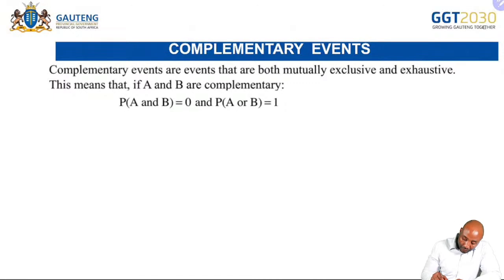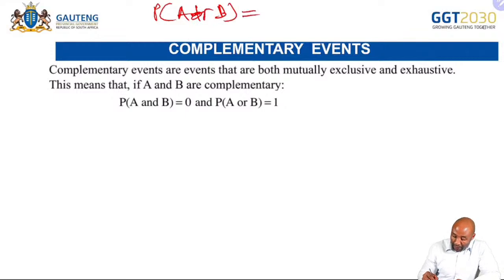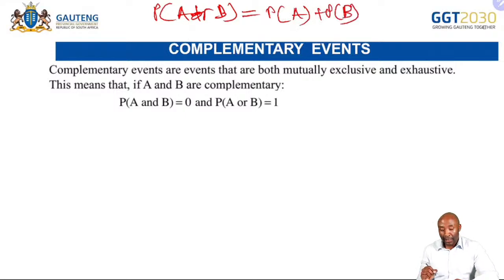So the probability of A or B is given by the probability of A plus the probability of B. But because there is no intersection, that term is 0.